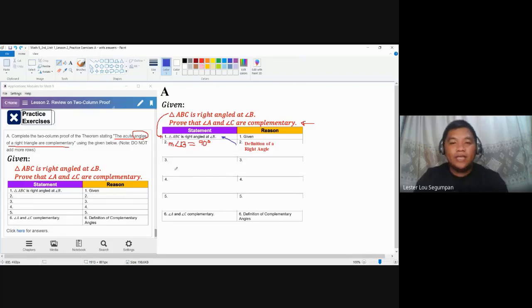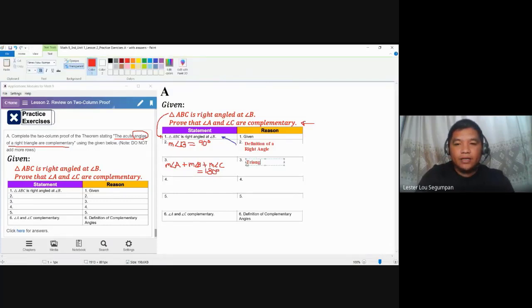We could say here that the measurement of angle A, measurement of angle B, and the measurement of angle C sums up to 180 degrees.